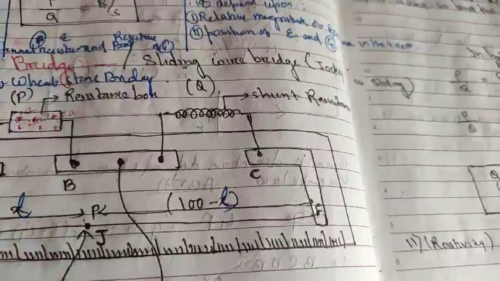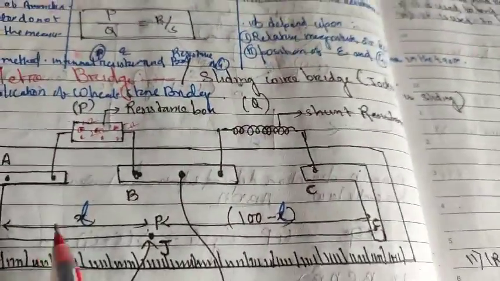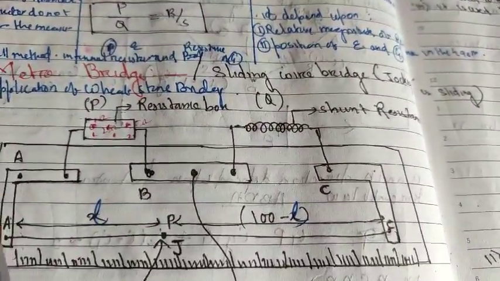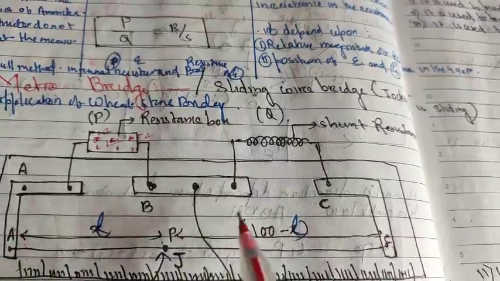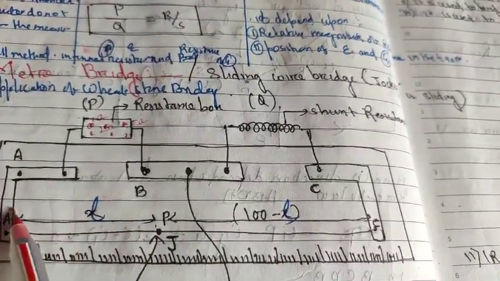Now, with the jockey, suppose I put one jockey point on the wire AC and move it.